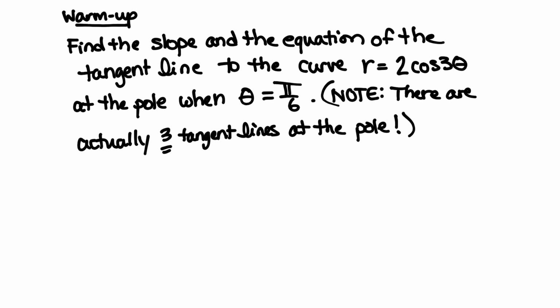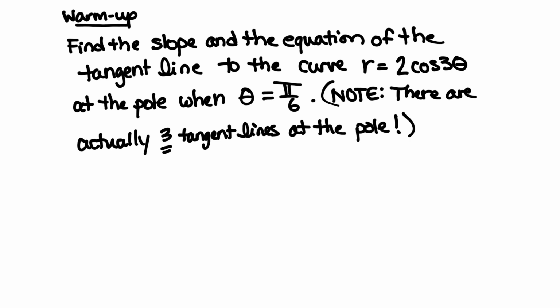Because when theta is pi over 6, 3 theta is pi over 2, and the cosine of pi over 2 is 0, which tells me that my r value is 0.